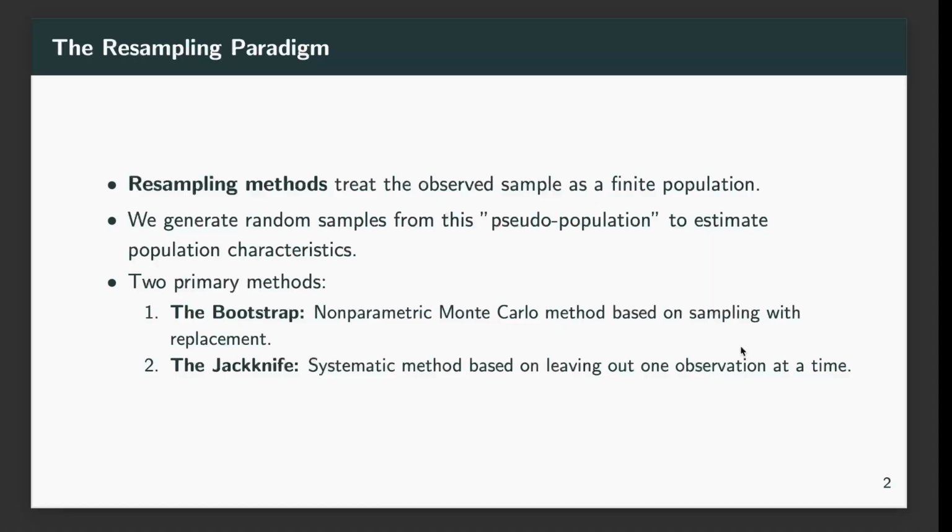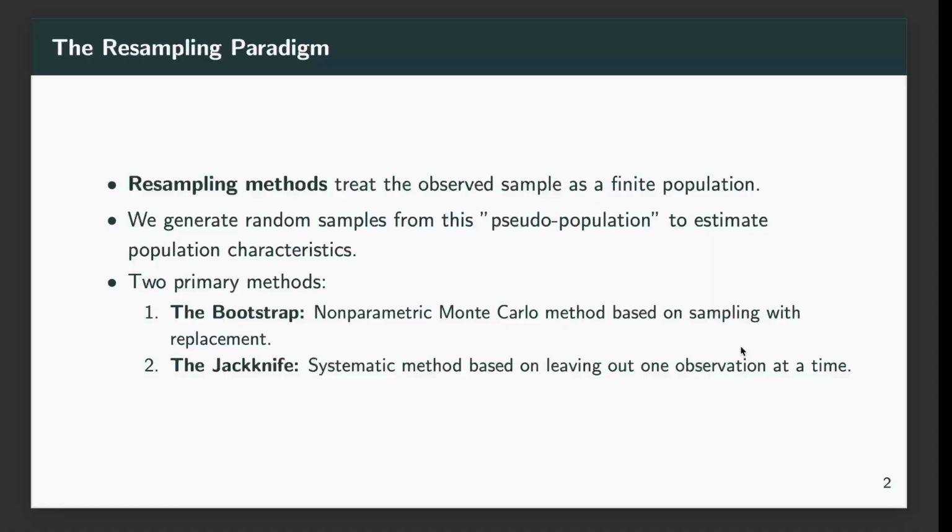There are two primary methods. The first one is the bootstrap, which is a non-parametric Monte Carlo method based on sampling with replacement from the observed data. The second is the Jackknife, a more systematic and more deterministic method based on leaving out one observation at a time.